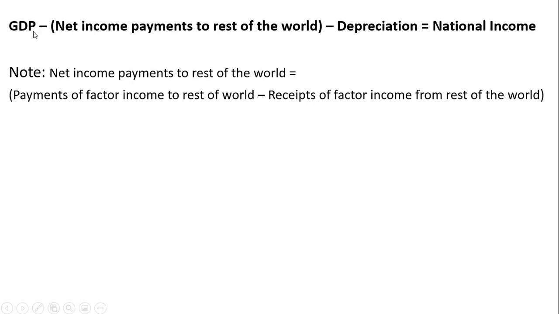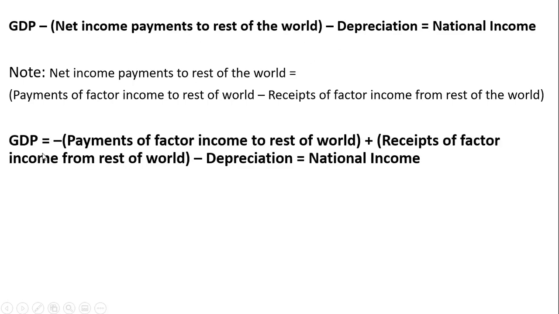Another way of reformulating this top equation is as follows. If we subtract out the payments of factor income to the rest of the world, that is the salary of a Canadian working in America, but add back, for example, the salary of an American working in Canada, that would just be net income payments to the rest of the world.